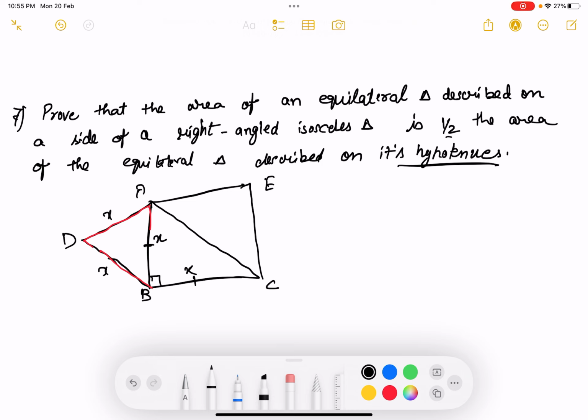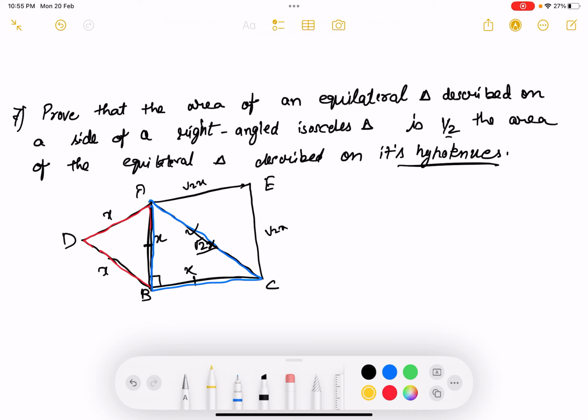By applying Pythagoras theorem in triangle ABC, this side will be root 2x, and if this is root 2x, then this is also root 2x, and this is root 2x.